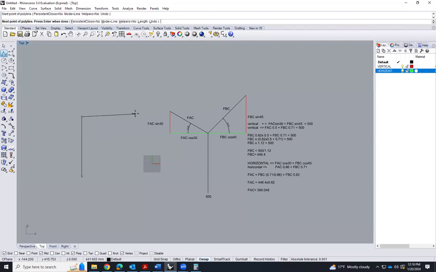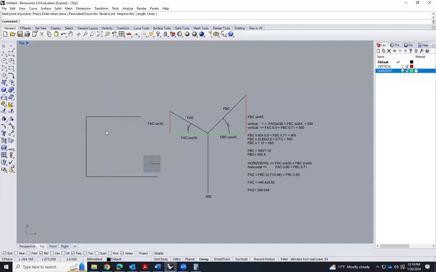And now I'm going to create a line here, 500. And now another line here, press enter, and another line there. And now I have two angles. I have 45 and I have 30. So I'm going to rotate this 45 and I'm going to rotate this 30. I can do the other way around.